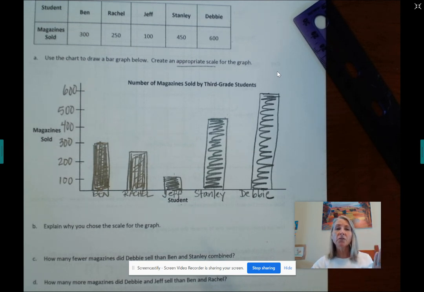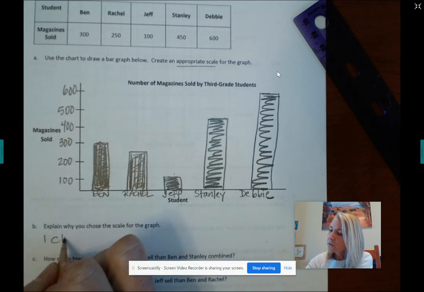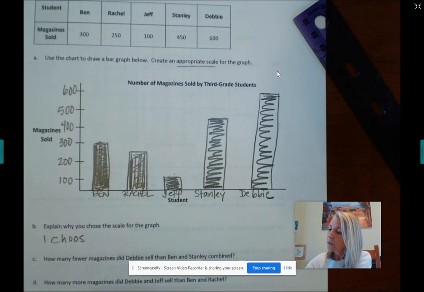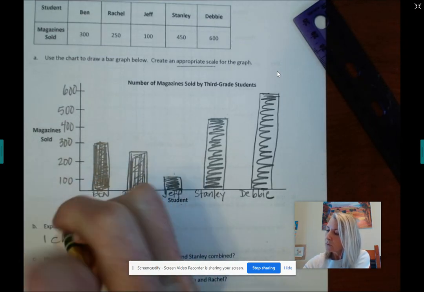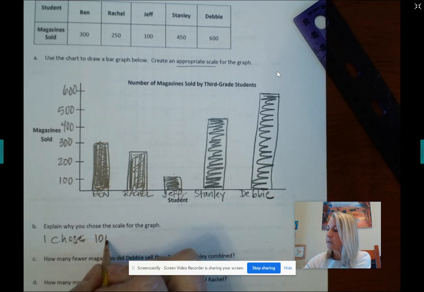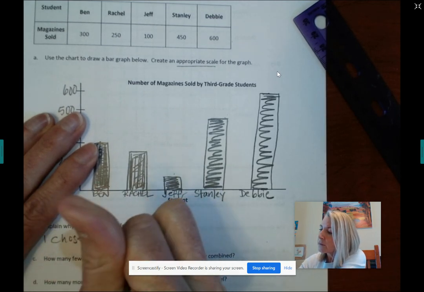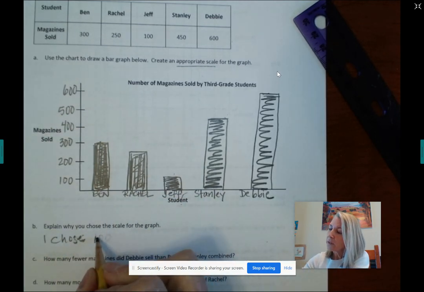And it made sense to do that because everyone sold something within a number in the hundreds. So I chose intervals of 100.